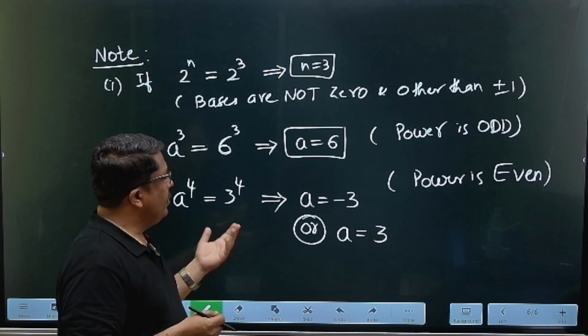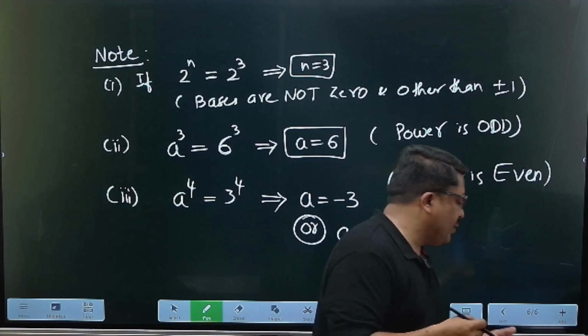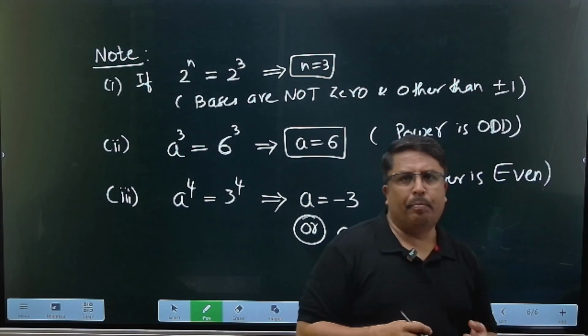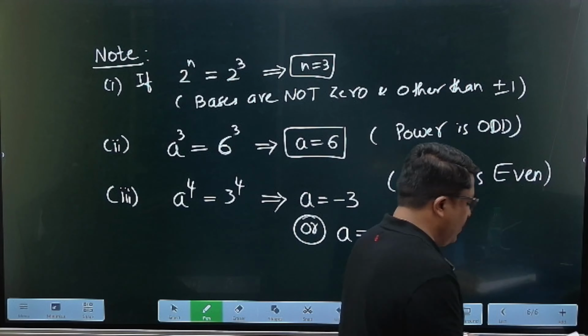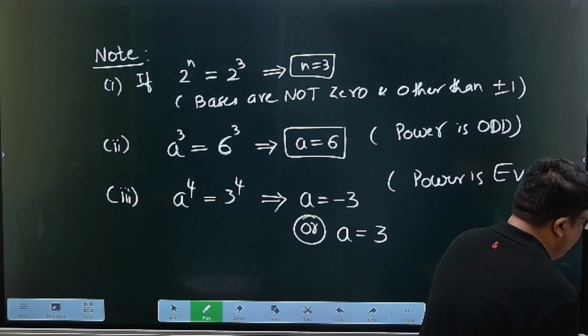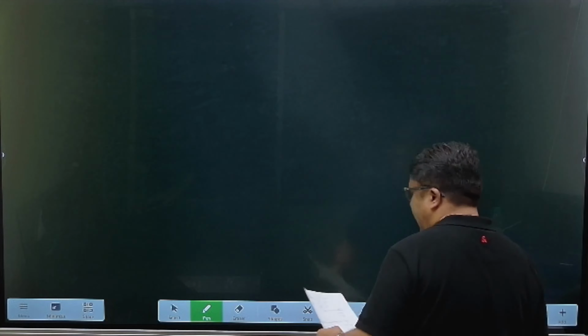So these are important laws that if you want to become perfect, then you can apply these to find the values of x.